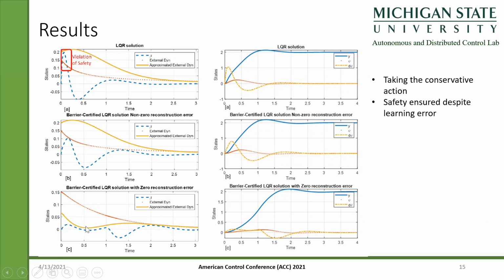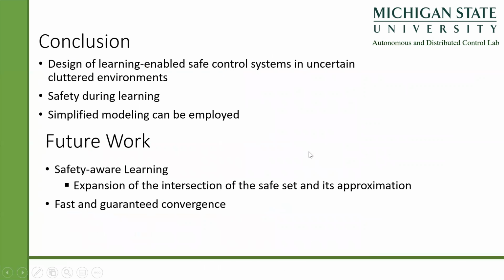Like in this one, the approximated one is smaller than the actual value of z, and beta has respected it. So we take the conservative action, and safety is ensured despite the learning error. And here are the other states of the system. The lane is changed and other variables have converged to zero.